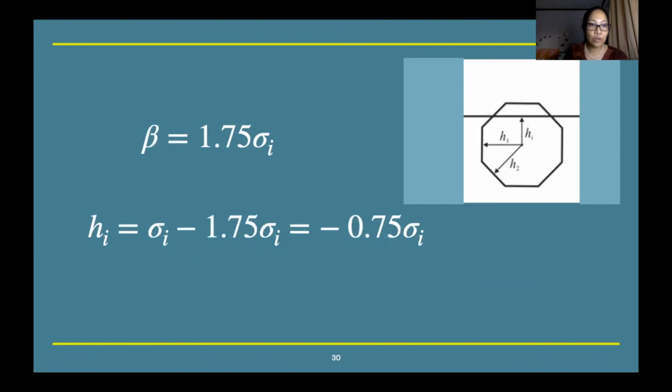Plugging that in the equation, h sub I is equal to sigma sub I minus 1.75 sigma sub I, resulting in negative 0.75 sigma sub I. So we notice a negative value for h sub I. This is a case of incomplete wetting.